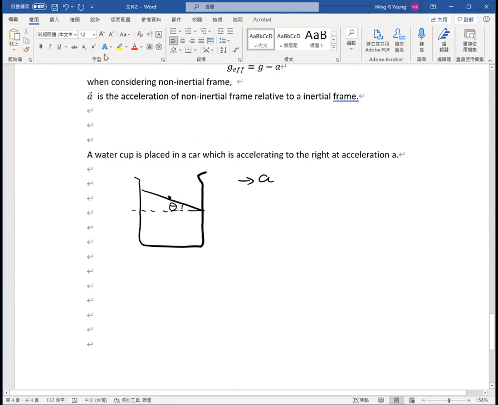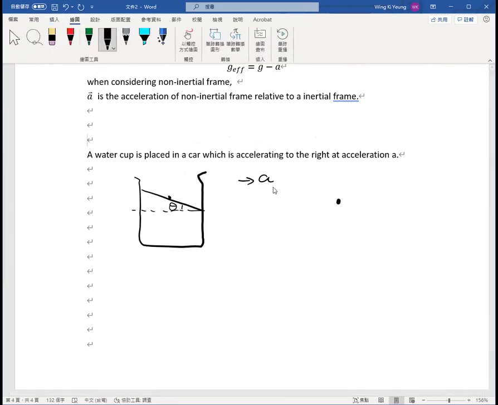You can think of it as the acceleration due to gravity no longer being vertical, and there is an effective gravitational acceleration, that is G minus A, where A is to the right. Then you subtract these two and you get something in this direction.